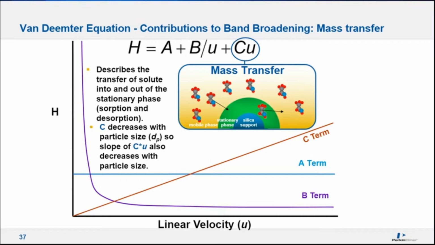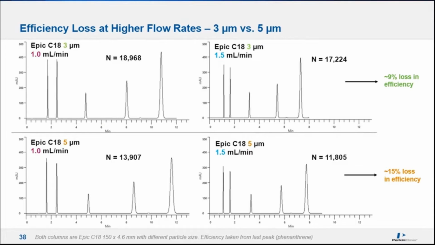And this is the mass transfer, the analyte's ability to go in and out of the stationary phase into the mobile phase. And again, if we reduce the C term, we will end up with a smaller height equivalent to a theoretical plate, which translates into a sharper chromatographic peak. So here's a real-world example comparing two different particle sizes.